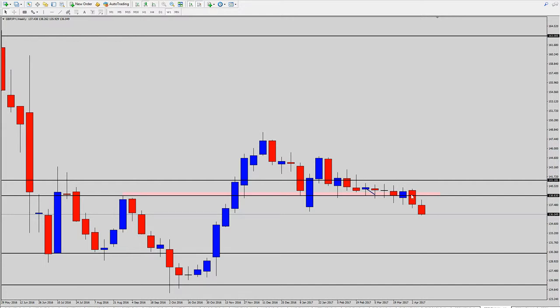Seeing that this market broke through this level, and we have the push up to the upside and a push down to the downside, what we're really looking for this week is a long-term sell.